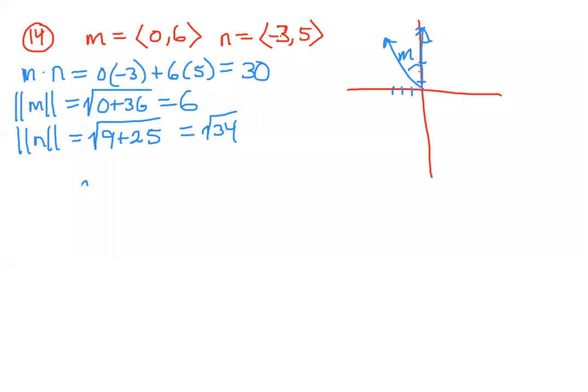So to find our angle, we're going to say cosine theta is 30 over 6 times the square root of 34. We're going to put that in the calculator.